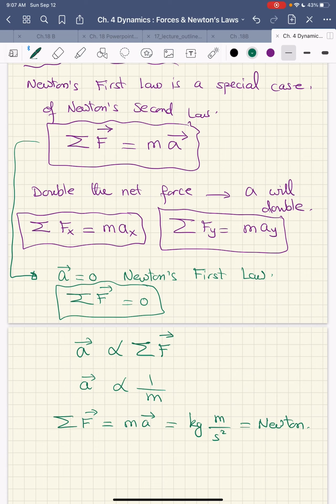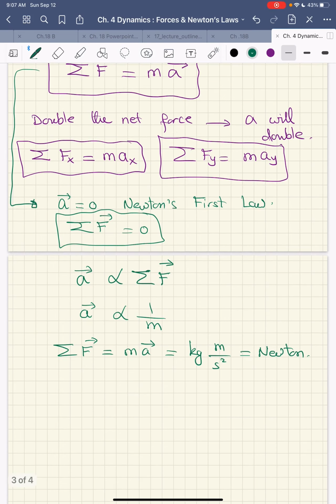Now, of course, I can apply that directly, or sometimes I will use these formulas, these equations.